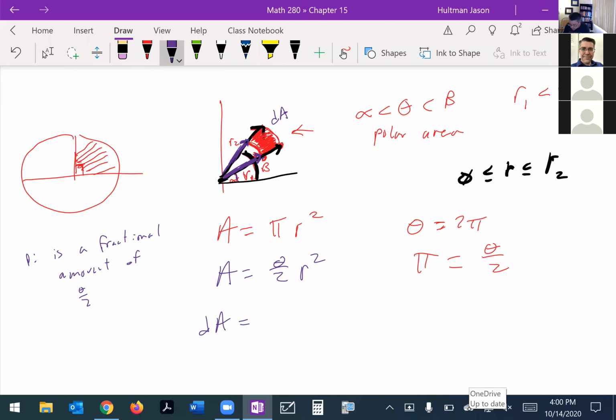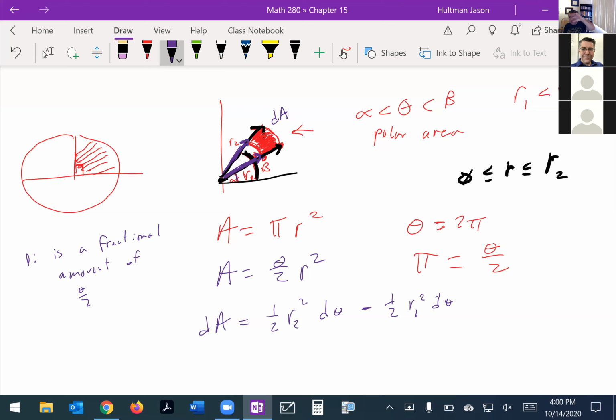Well, the change in area here, as we sweep this out from alpha to beta, is going to be 1/2 R2 squared d theta, minus 1/2 R1 squared d theta.